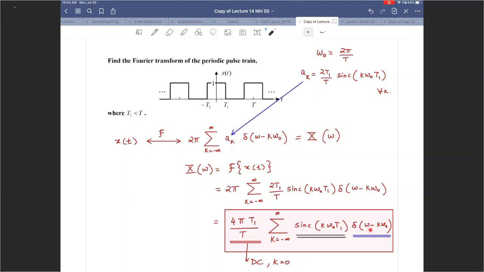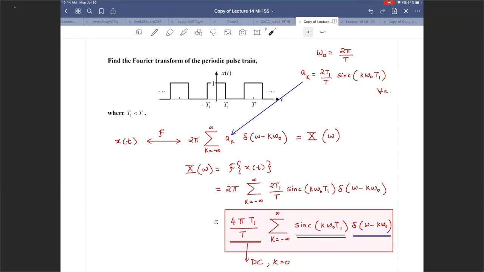The impulse is present, delta of omega. So all you get in terms of the weight for that impulse at omega equals 0 is 4 pi t1 divided by T. So you have that particular scaling for the DC value. You have a sinc-shaped envelope and the impulses that are present at integer multiples of omega naught.